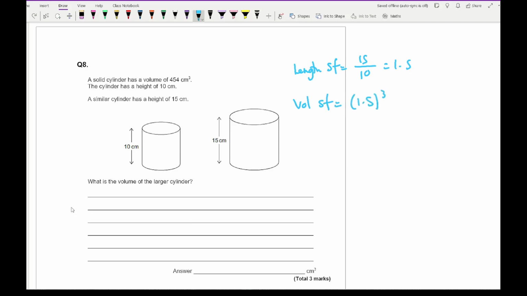If we know that the volume of the smaller one is 454, then the volume of the larger is going to be 454 times 1.5 cubed. And again, typing that into my calculator, I get an answer of 1532.25.